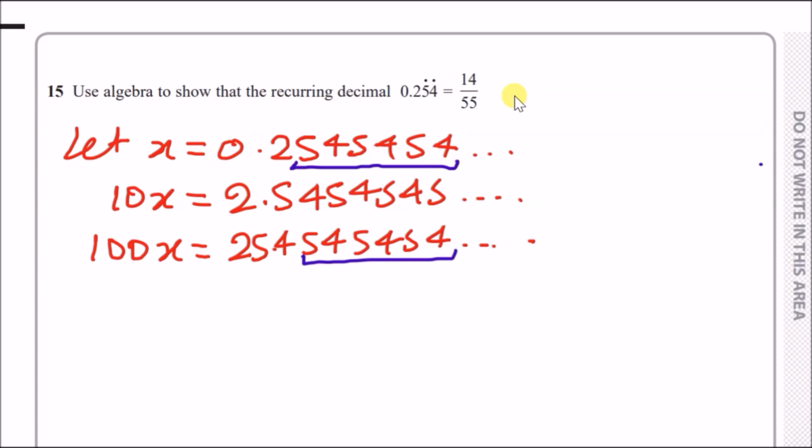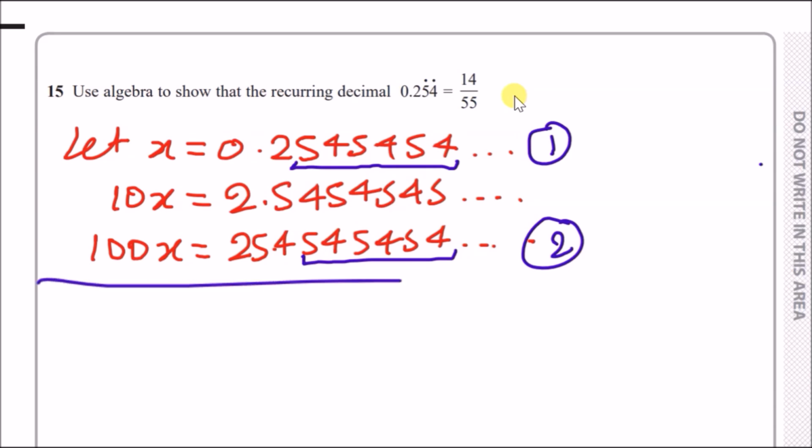To explain this properly, we're trying to get the same set of decimals because we're going to subtract two equations. We're going to use the equation which is x and the equation which is 100x. If we subtract equation 1 from equation 2, so 100x take away x, you'll be left with 99x. And if you subtract these decimals, you'll realize that all of these cancel out.